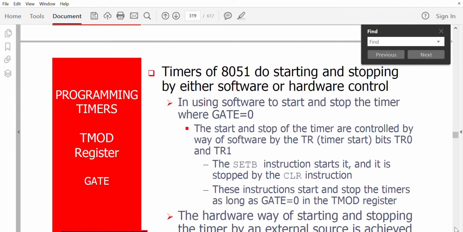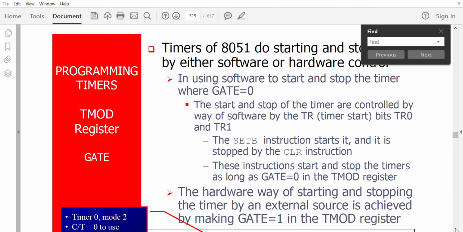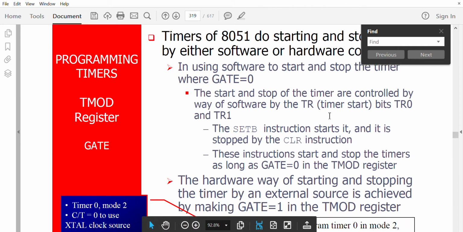So how do you start and stop the timers of 8051? In order to start and stop, you can use either software or hardware control. If you are using software control, then just make gate equal to 0. The TMOD register has 2 bits called TR0 and TR1. We'll come to that later on.